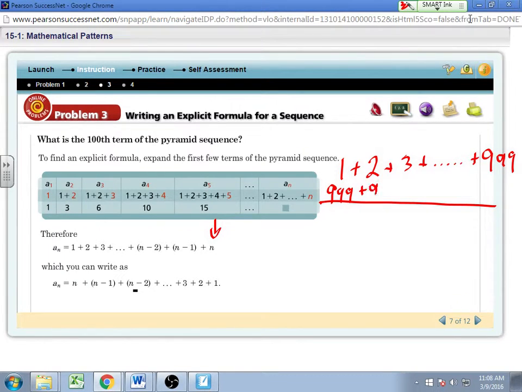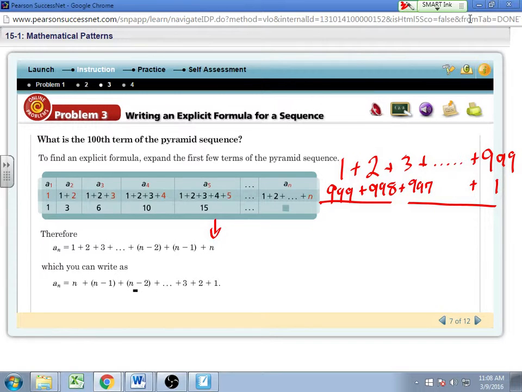If I go down a term, 998 plus 2 is also 1,000. If I go down another term, 997 plus 3, also 1,000, all the way back to that 1, which would also be 1,000. So he said if I did that, I'd end up with 1,000 thousands. But because I'm only doing this once, not twice, he just divided by 2 and found his answer very quickly.